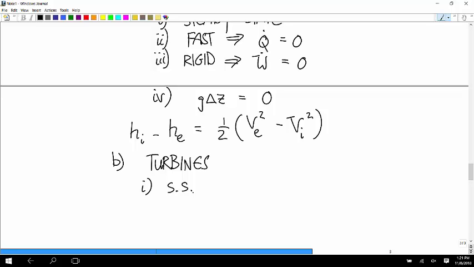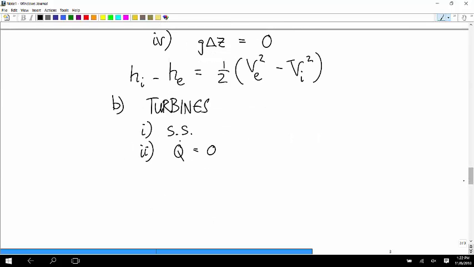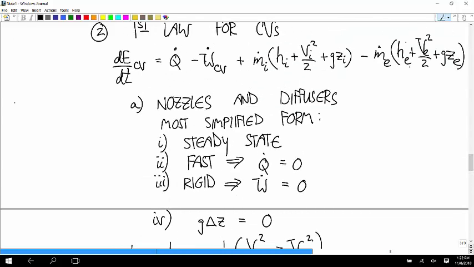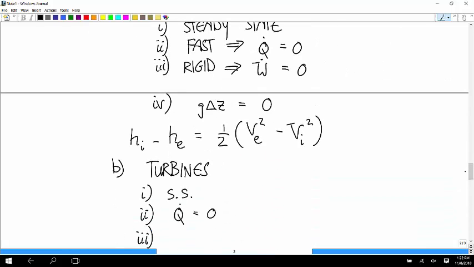We're going to assume no heat transfer. We can't assume W dot is 0 because that's what a turbine is doing, is outputting work. So do we expect W dot in a turbine to be positive or negative? We expect it to be positive, yeah. It's doing work on the surroundings.